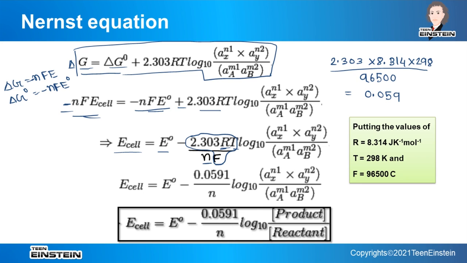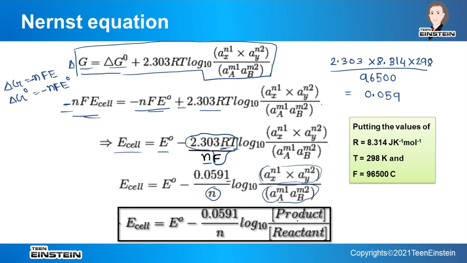So now the equation will be simpler. E cell is equal to E naught minus 0.059 over n, the number of electrons involved, times log 10 of the activities of the product side in the numerator and the reactant side in the denominator. Activity can be replaced by concentration for dilute solutions.